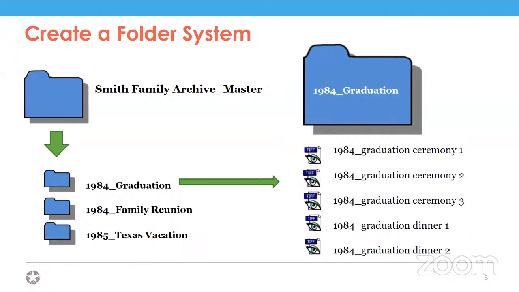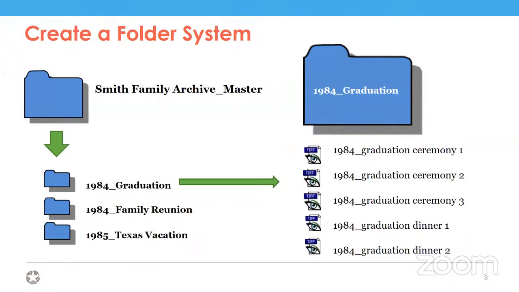If you see our example on the screen here, we have the Smith Family Archive Master. That's the main folder where all of the other subfolders, as you see below, 1984 graduation, 1984 family reunion, 1985 Texas vacation, all live within the Archive Master folder. Those names were selected because they give you the most key pieces of information.